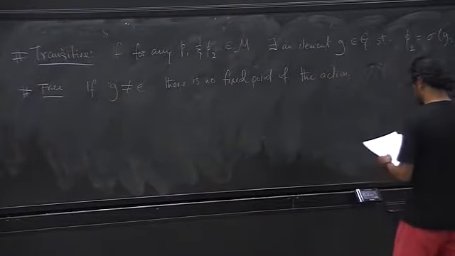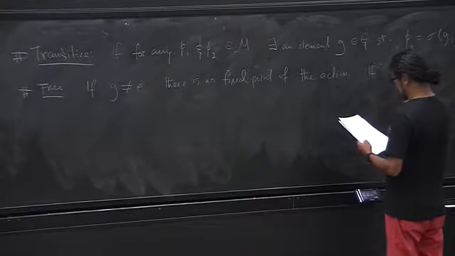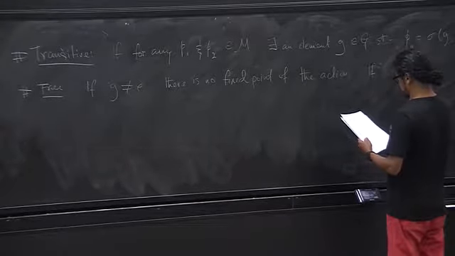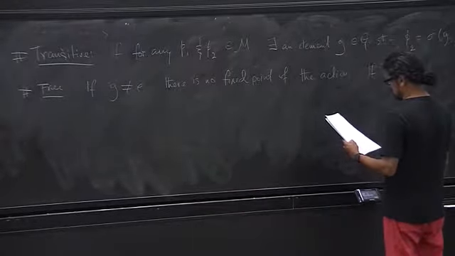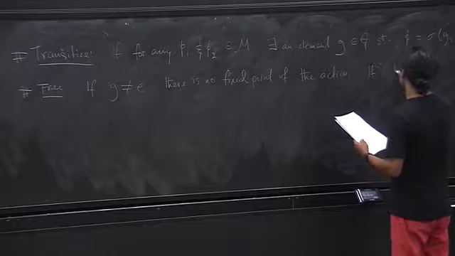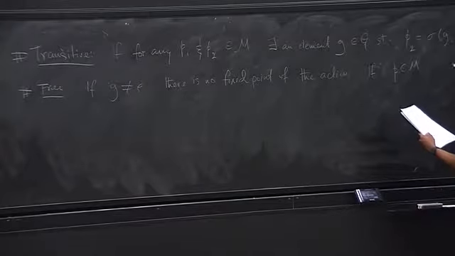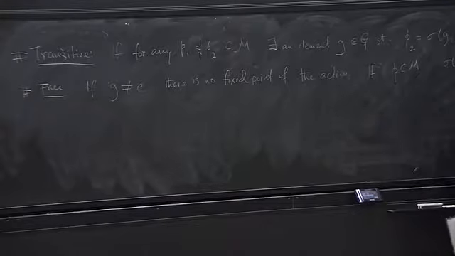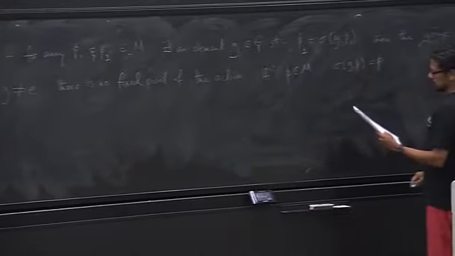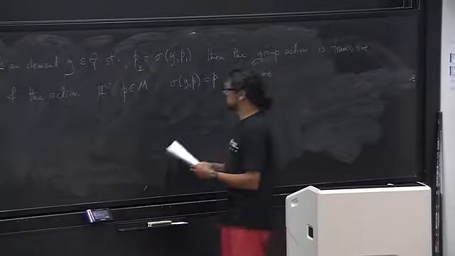What we mean is that if for P in M, the action of some element on P leaves it invariant, then that means that it must be the identity element.